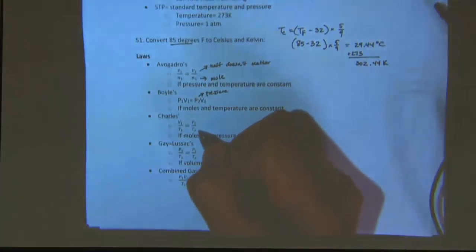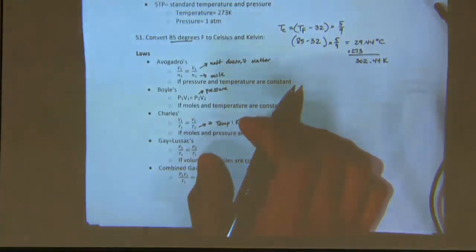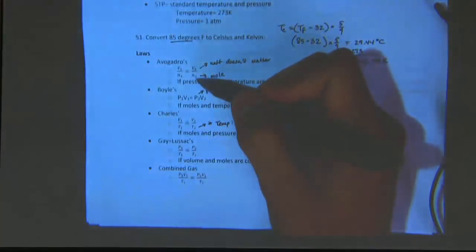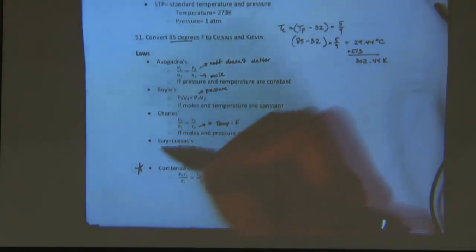That tells us they're directly related. One thing to note is that the temperature value should be in kelvins. Then we have Gay-Lussac's law, which relates pressure and temperature, and those two are also directly related. Something that really helps me is that if you don't remember any of these particular laws, the one I would definitely stress remembering is the combined gas law, because it tells you the relationship between all of them.